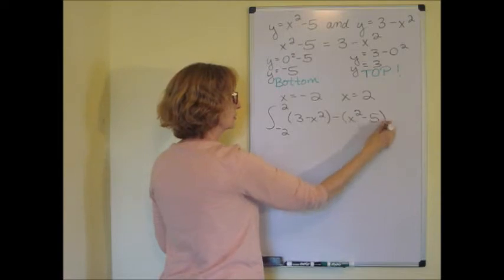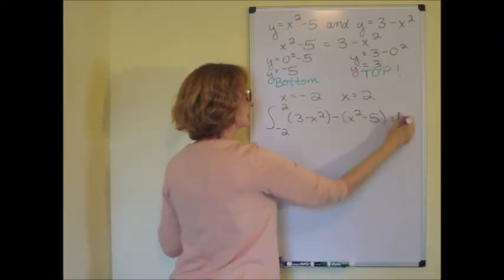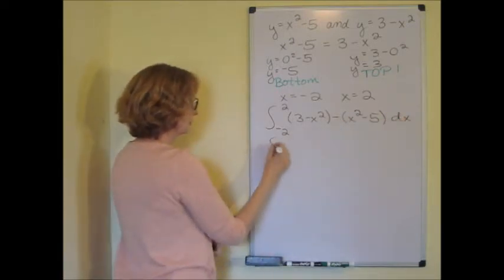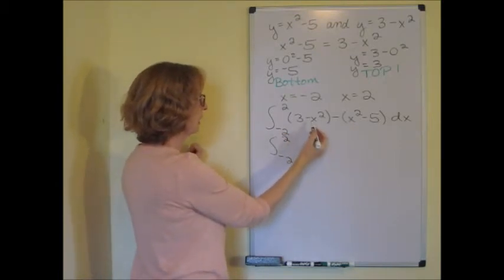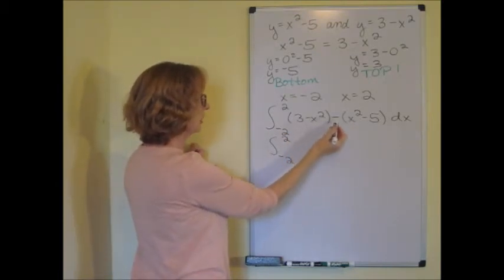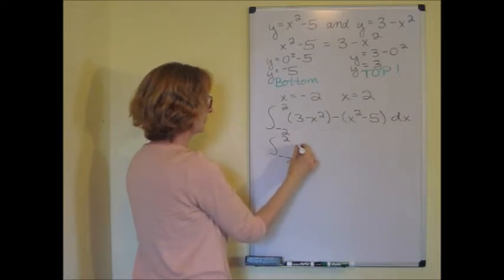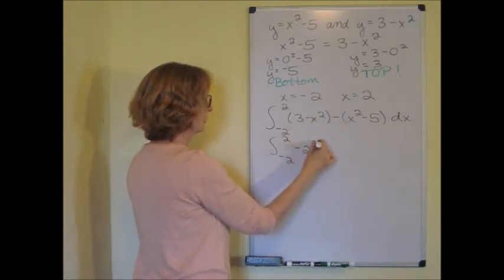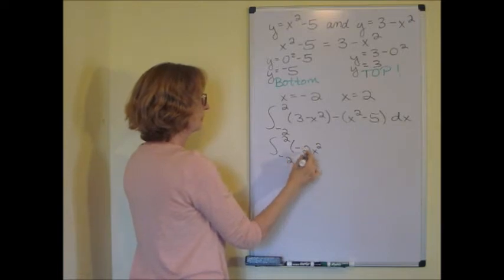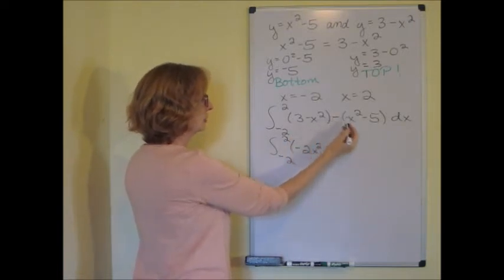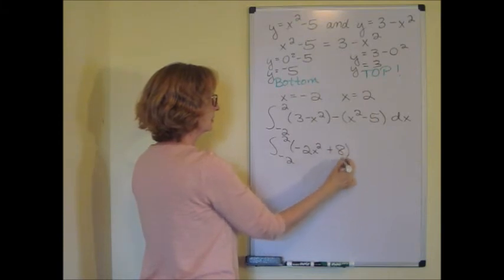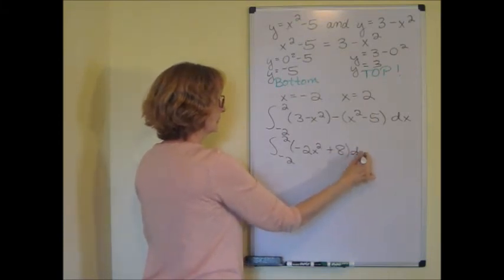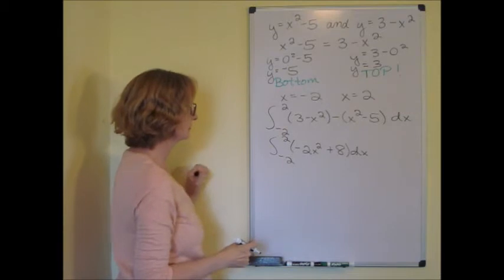Make sure you distribute that minus sign. So I'm going from negative 2 to 2. Let's put everything together. That's going to be a negative x squared minus x squared is negative 2x squared. 3, and this will be a plus 5, would be a plus 8 dx.